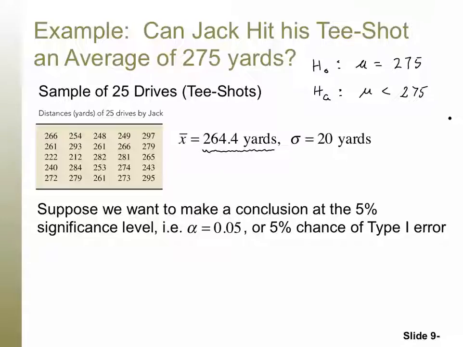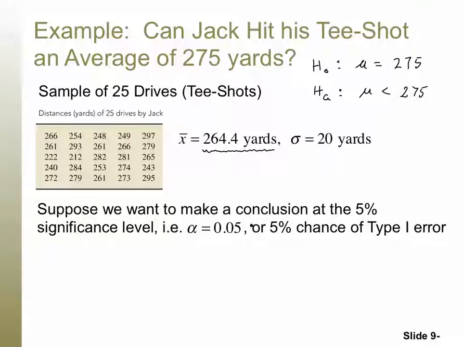We decide what kind of test we're doing, right? So this is a left-tailed test. If his true mean is greater than 275, then that claim is fine. But if he's hitting it significantly lower than 275, we have a problem with his claim, right?